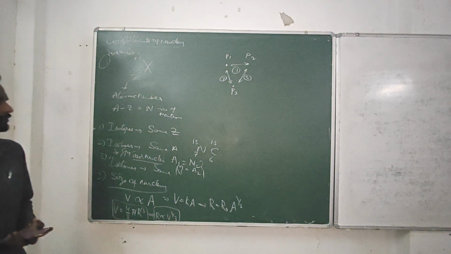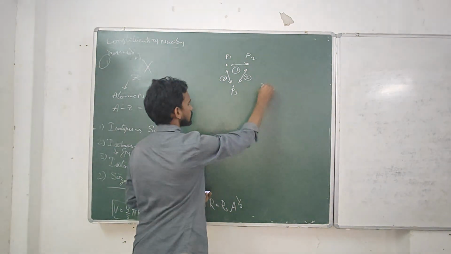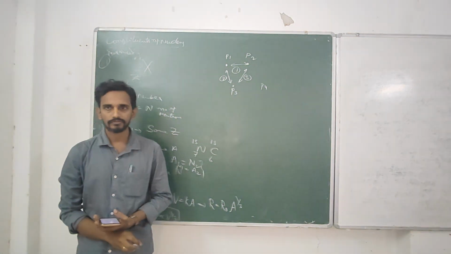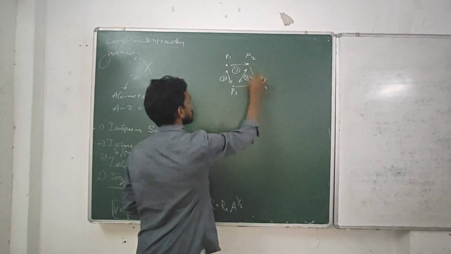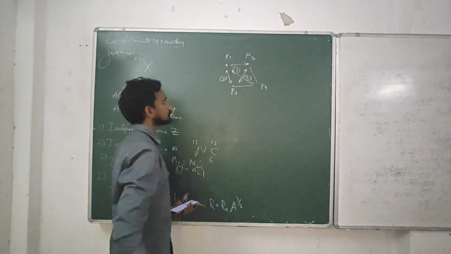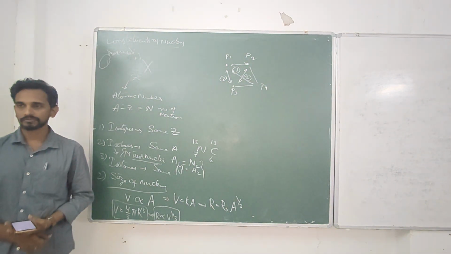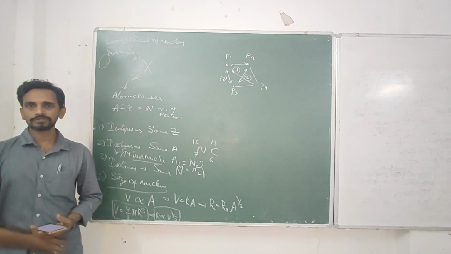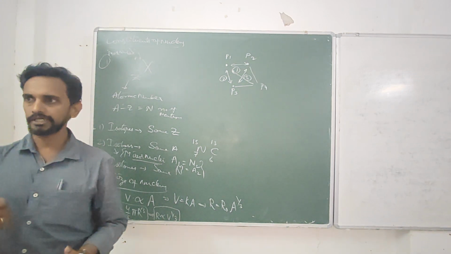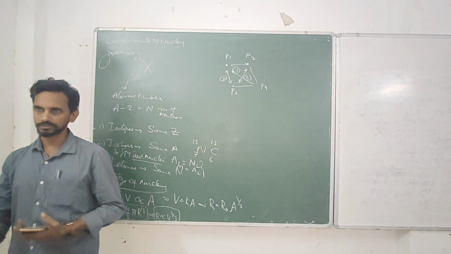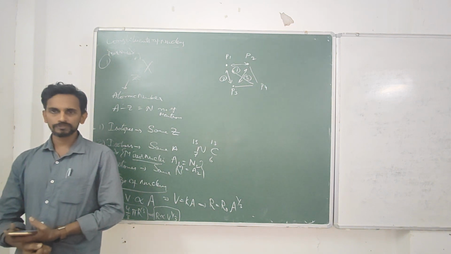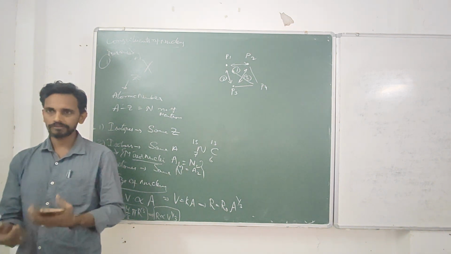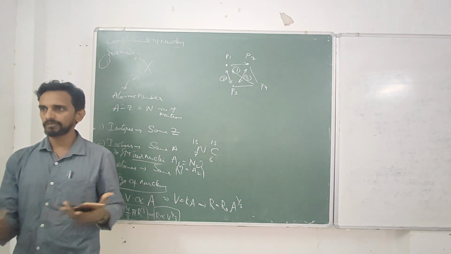If I add one more proton, I will be adding 3 more interactions. So the repulsive force count increases if I keep on adding more and more protons. So when the repulsion force increases, what happens? They start moving apart.